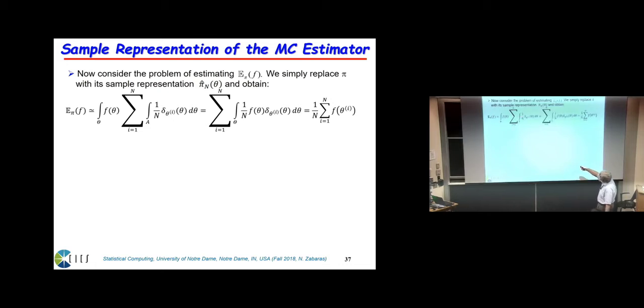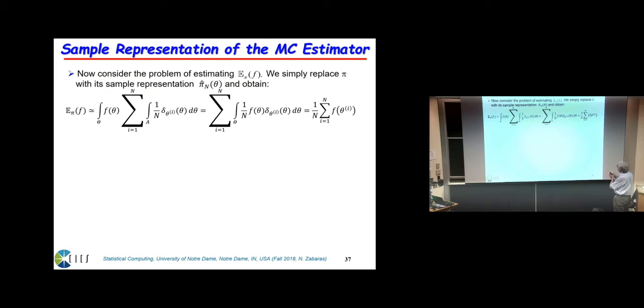What I have done here is put this big summation there, which is the empirical distribution. The rest is the expectation of f of theta, with the probability replaced by the empirical distribution. So I can put the summation outside, and then I have 1 over n, f of theta, and these delta functions.